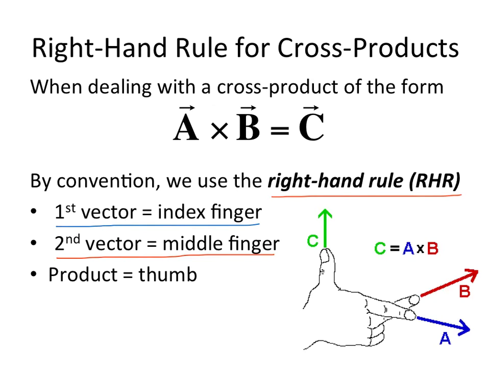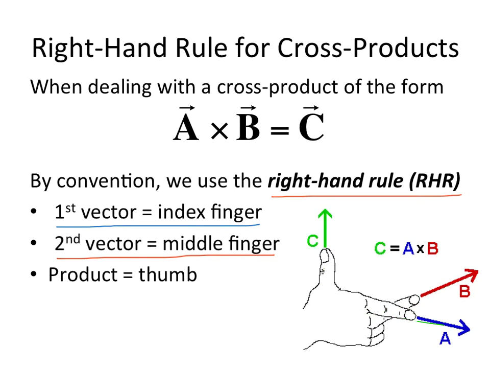If you make a right angle with those two fingers, your thumb has a tendency to stand straight up at a right angle to both of them. Those are all at right angles to each other.